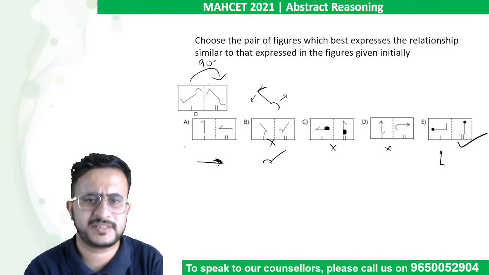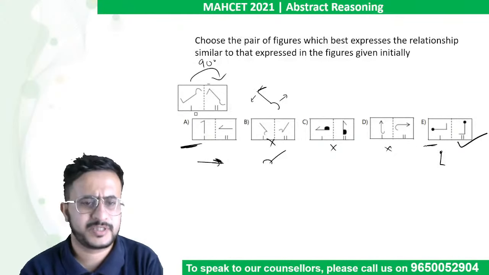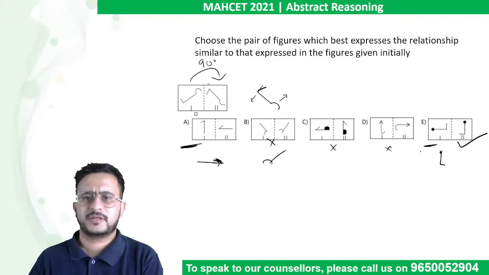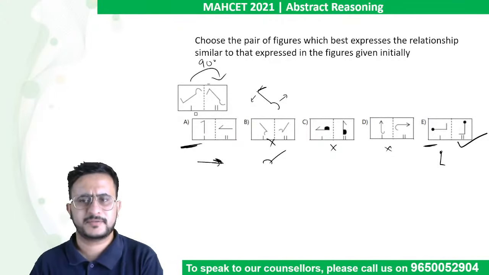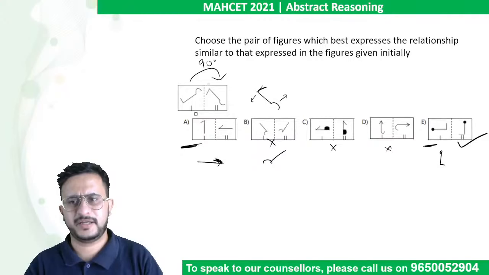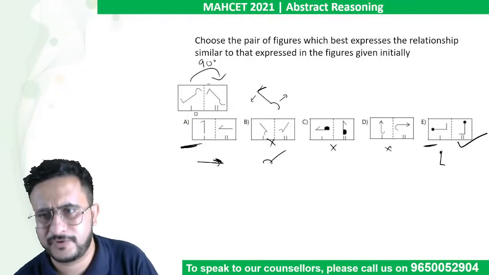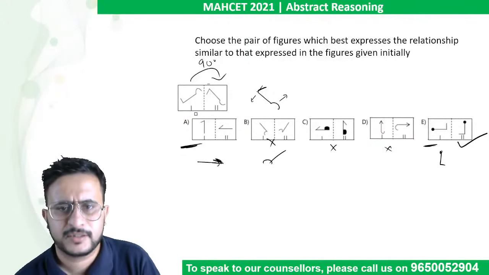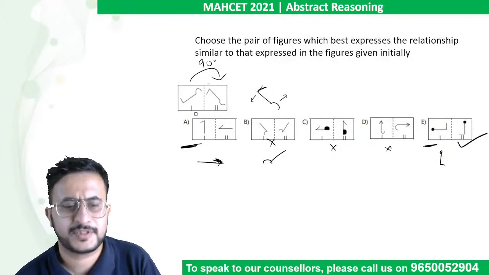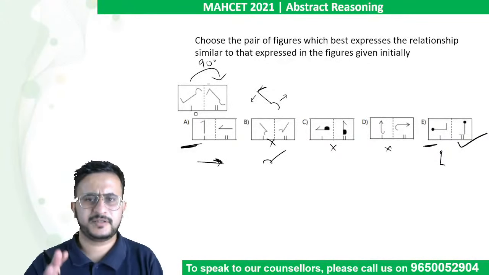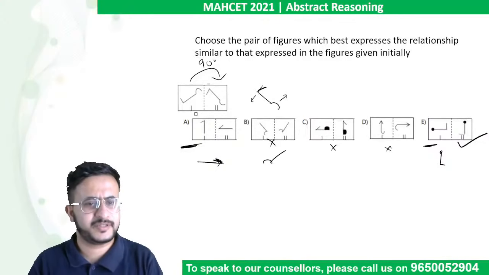So A and E, this is a dubious question, right? Both A and E give the same answer, they have the same property. You are just flipping it and taking the mirror image of this. Okay, so a controversial one.